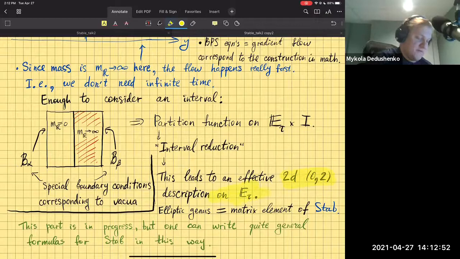On this elliptic curve you compute its elliptic genus, and that gives you a matrix element of the stable envelope between these two vacua.